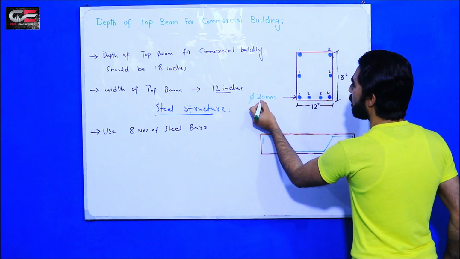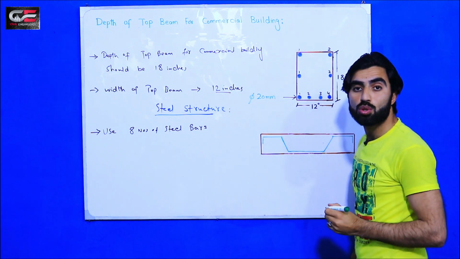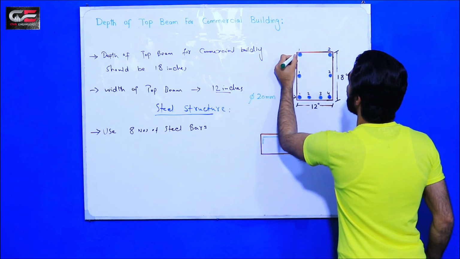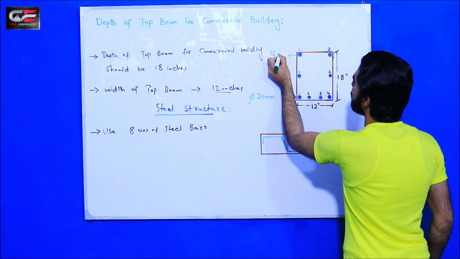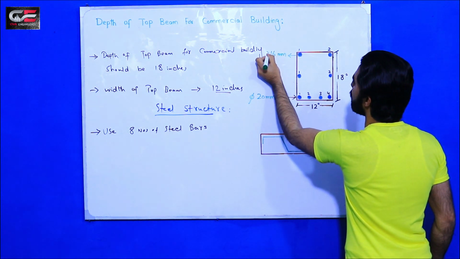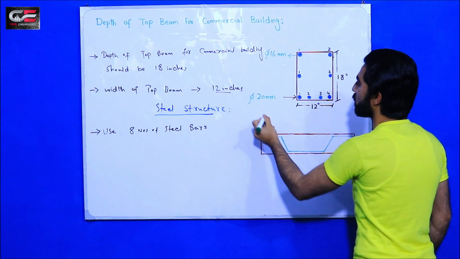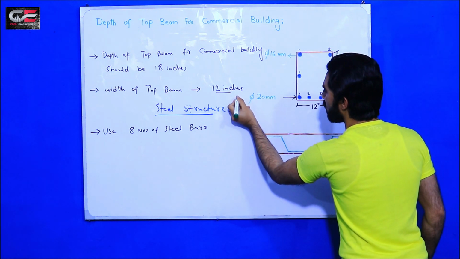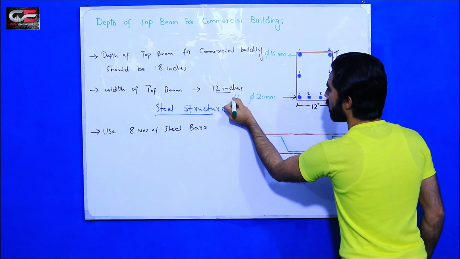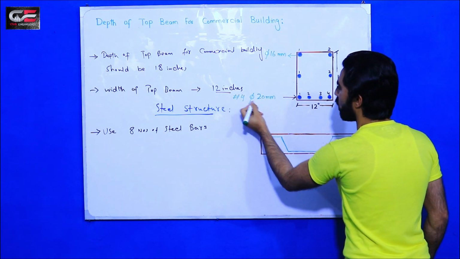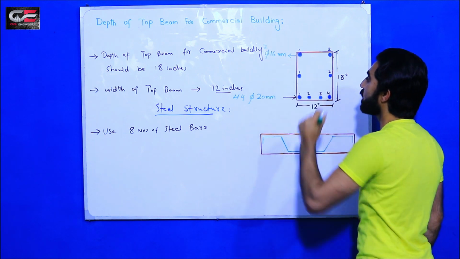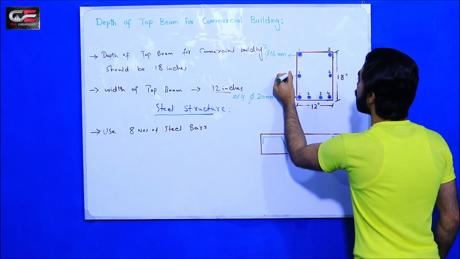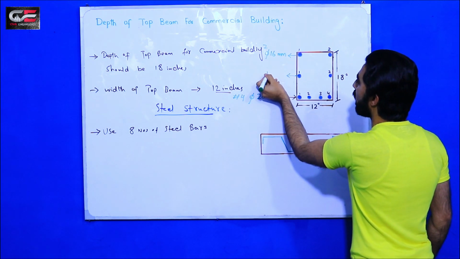So minimum it should be 20 millimeter. And top bars, guys, the top bars dia should be 16 millimeters. Two numbers, dia should be 16 millimeters. So here four numbers, dia 20 millimeter, and two numbers dia 16 millimeter, and these extra bars dia should be 12 millimeter.